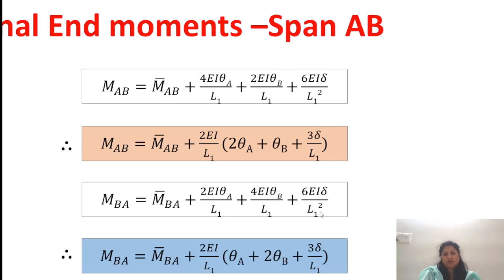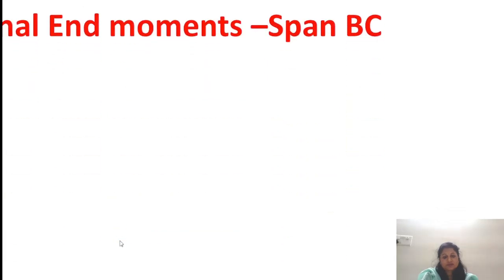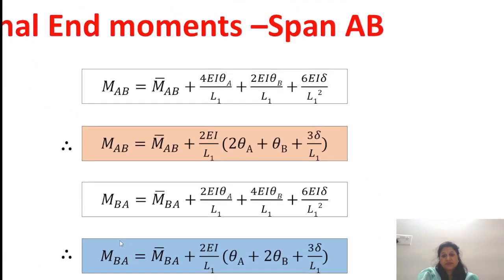Now if you take 2 EI upon L1 as common, the final end moment for span BA is equal to MBA fixed plus 2 EI upon L1, in bracket, theta A plus 2 theta B plus 3 delta upon L1. Again, the sign of delta depends on the location of the joint or support.